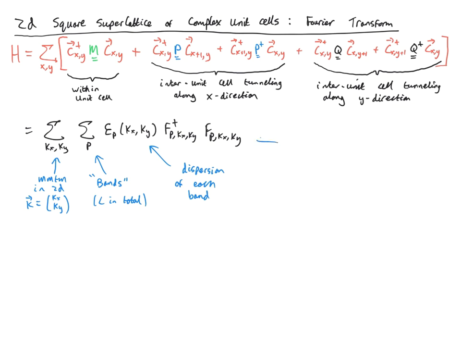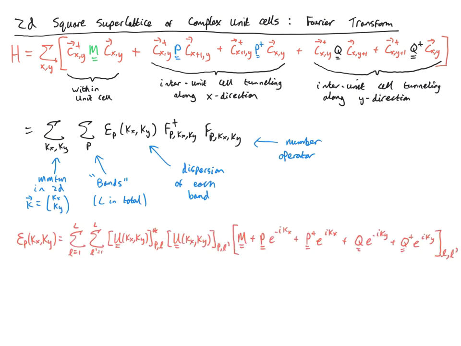And then finally here, I have the number operator for a given band P and momentum kx, ky. And written out explicitly, here we have the dispersion in terms of the original matrices M, P, and Q, and all we need to do is to find these diagonalization coefficients contained in these U matrices.